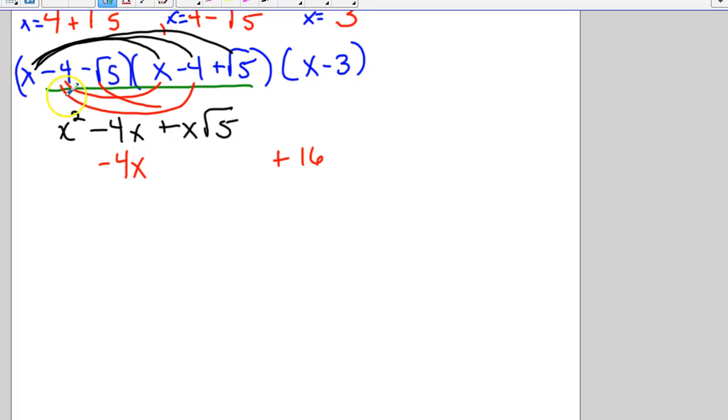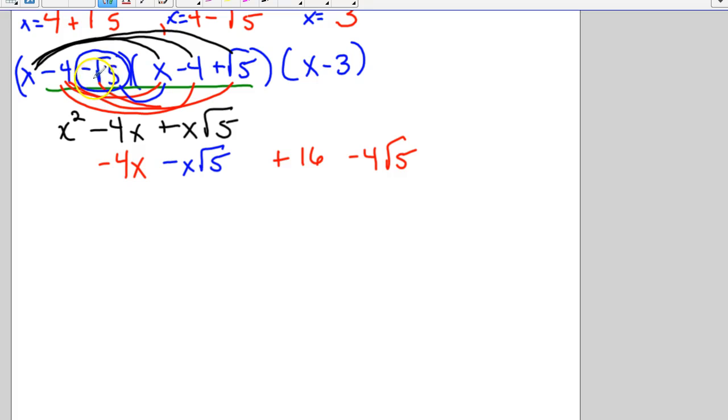And now I'm going to multiply negative 4 times radical 5. So that gives me minus 4 rad 5. Okay. Last, I'm going to take this negative square root of 5, and I'm going to multiply him by x, and I get negative x radical 5. Ha, nice.